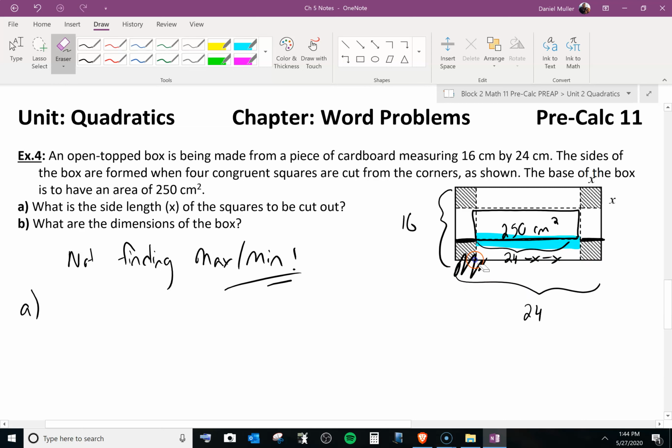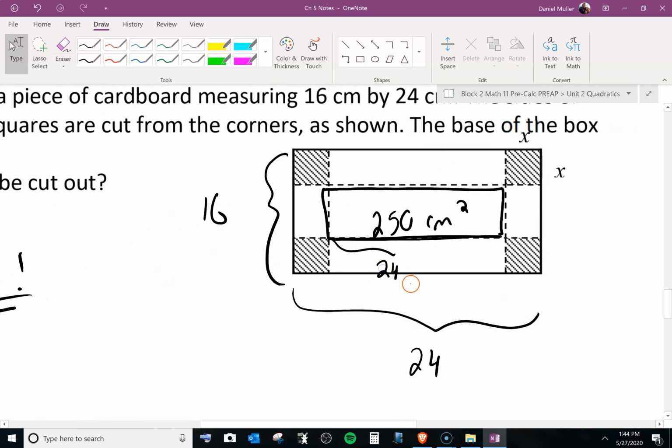So this distance of this rectangle, which I'll do right here, is going to be 24 minus this x and this x, minus 2x. That's what this distance is.